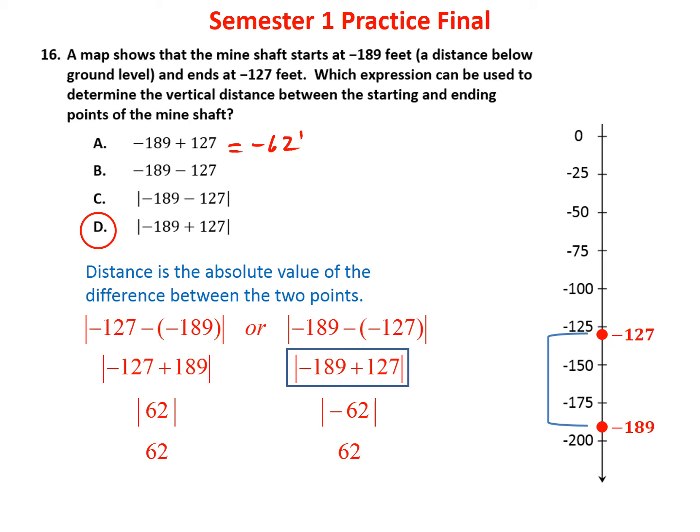This one's even worse because you really end up with a negative, and you end up with, let's see, 7 and 9 is 16, carry the 1, 11, negative 316 feet, nowhere close. And similarly here, this ends up being the absolute value of negative 316, which equals positive 316 feet. So none of these work at all. Only that one. This one would work as well, but it wasn't listed.